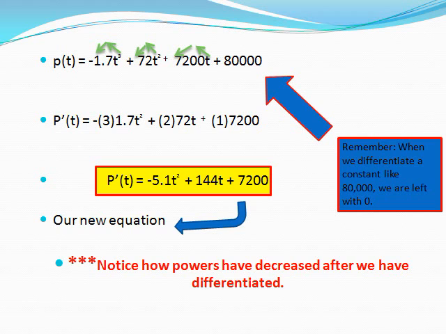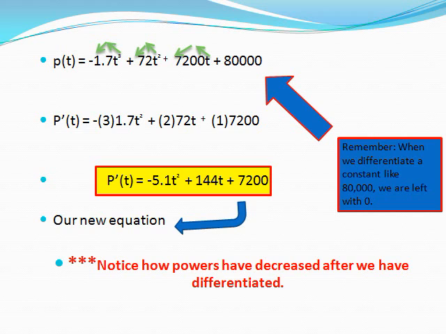The 7,200t is essentially 7,200t to the power of 1. So the 1 comes down and multiplies by the 7,200. The t is reduced to t to the power of 0, which is 1. So that just leaves us with 7,200. Then finally, the 80,000 is a constant.